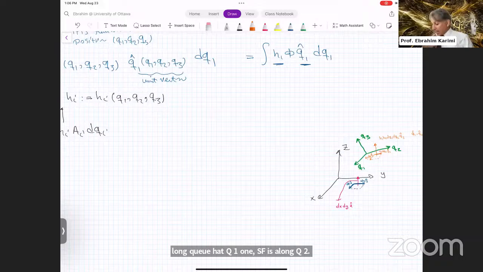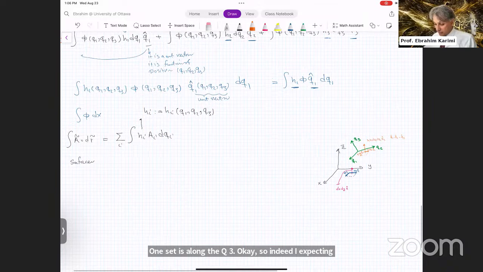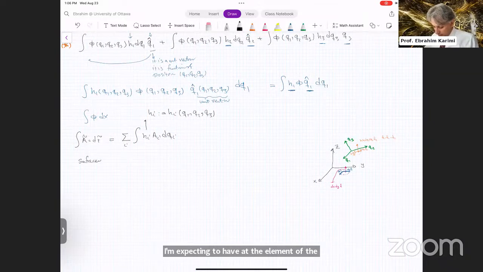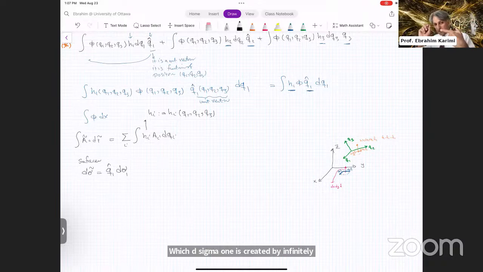So indeed, I'm expecting the element of the surface, the infinitely small d sigma, to be written in this way: q1 d sigma 1, where d sigma 1 is created by infinitely small displacement in the direction of dq2 and dq3.